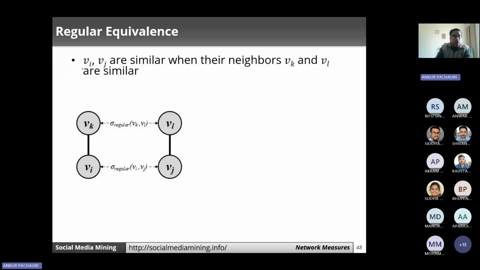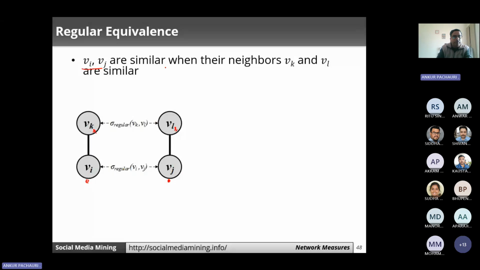So Vi and Vj are similar, although not directly connected. Vi is directly connected to the Vks, which are its neighbors, and Vj is connected to the Vls, which are the neighbors of Vj.